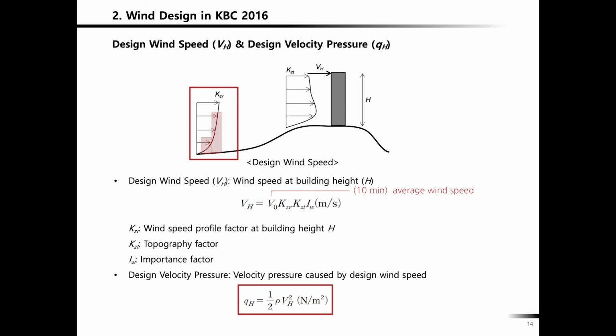For the US code, they don't try to get the 10-minute mean wind speed; rather, they try to get the 3-second mean wind speed, which includes gust.